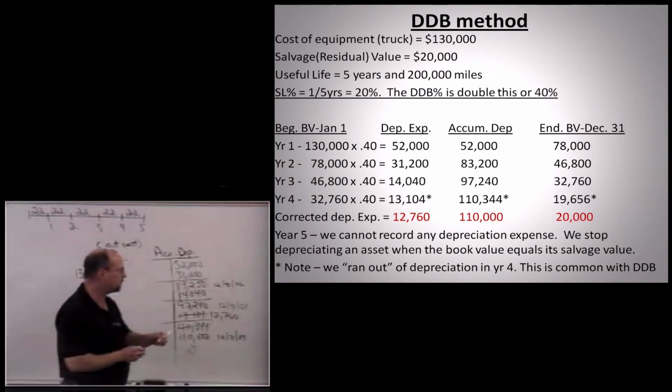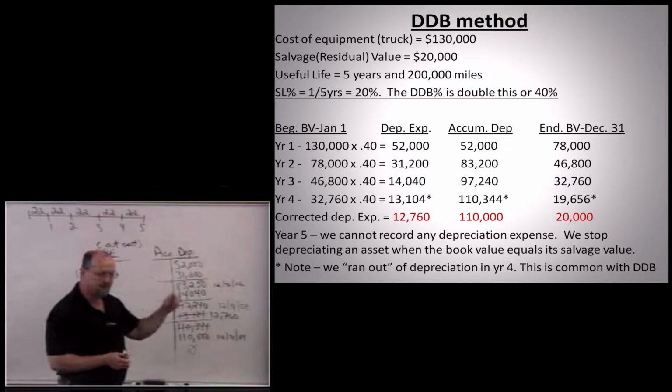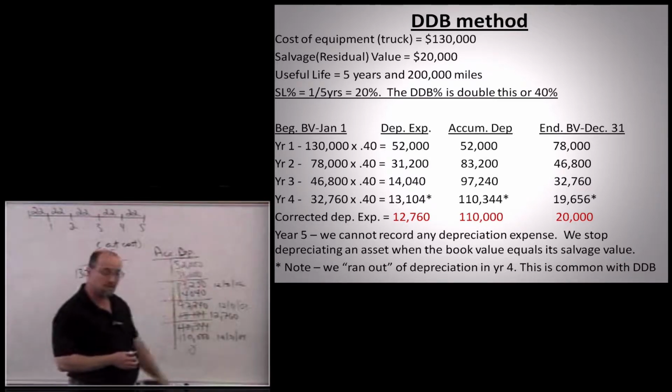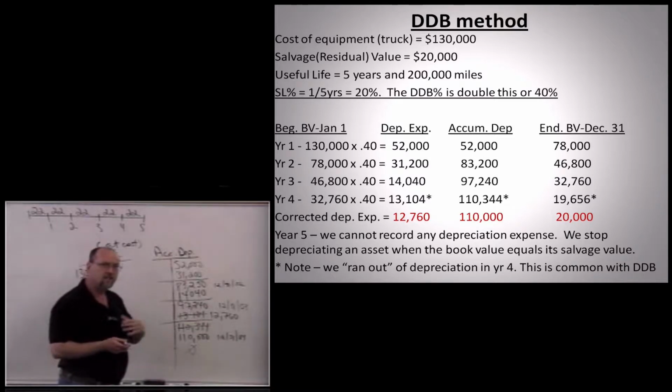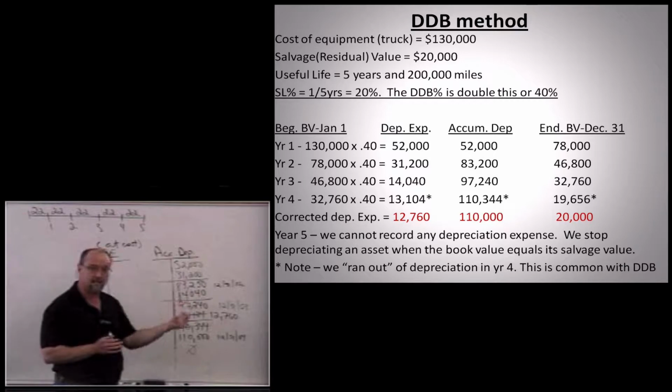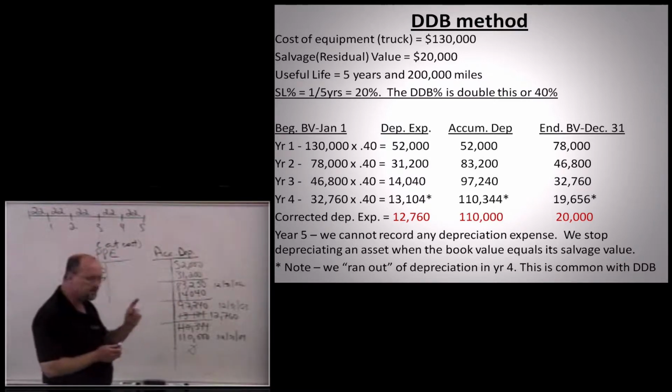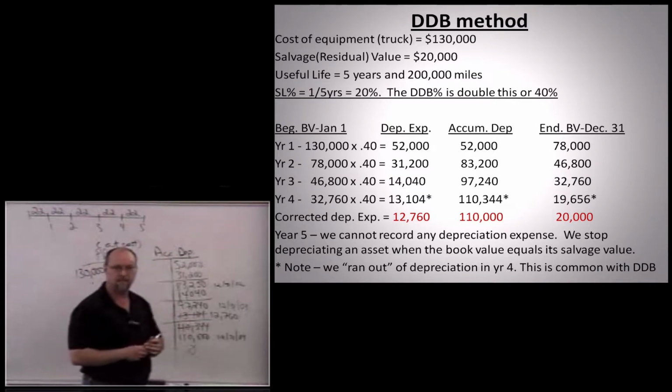It's a fully depreciated asset. And so with the units of activity method and with the double declining balance method, especially if you have a large salvage value, you're going to run out of depreciation pretty quickly. You have to be careful. Sometimes you'll run out in year three. So you simply have to be aware of this issue related to these two depreciation methods.